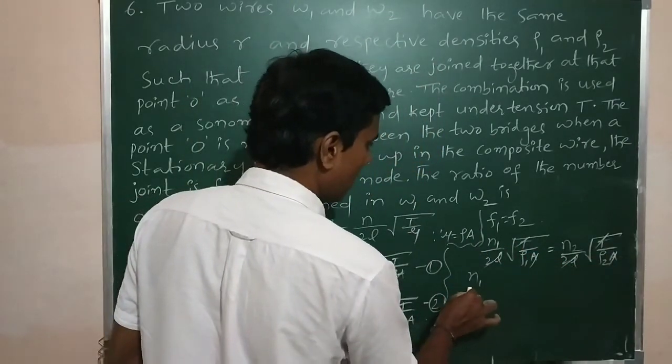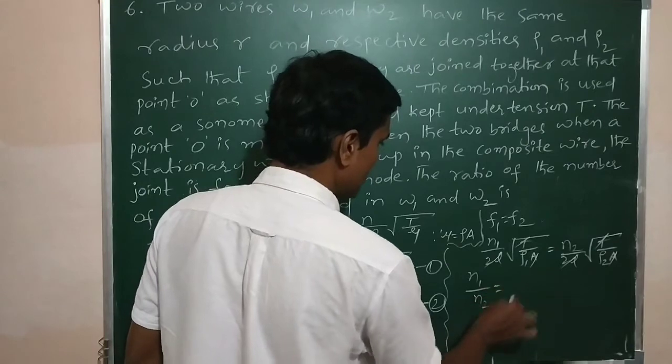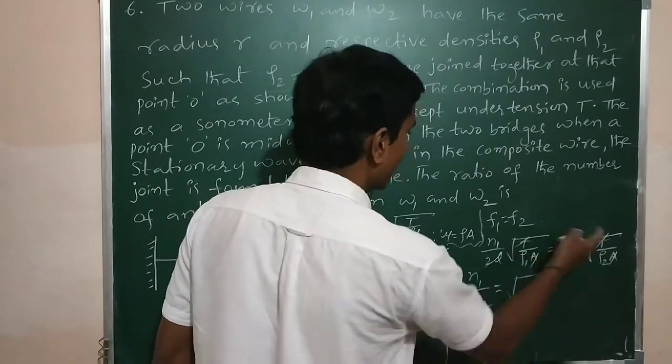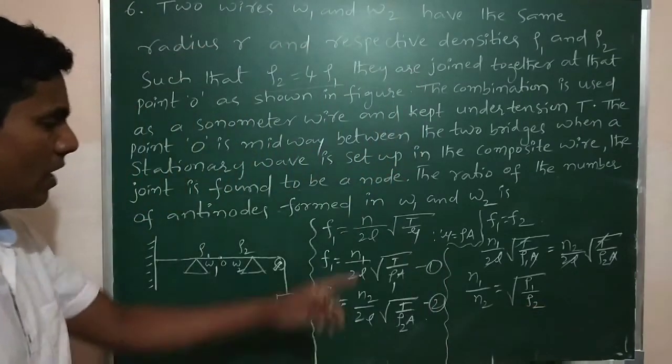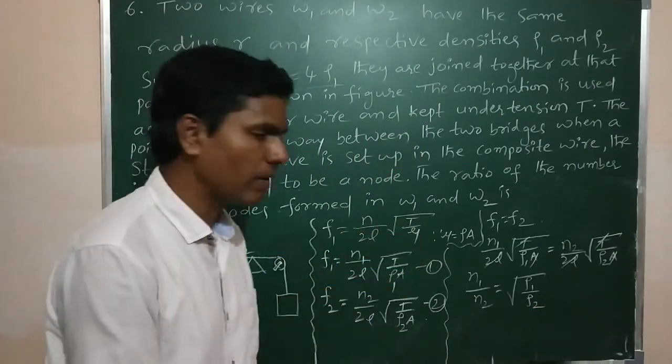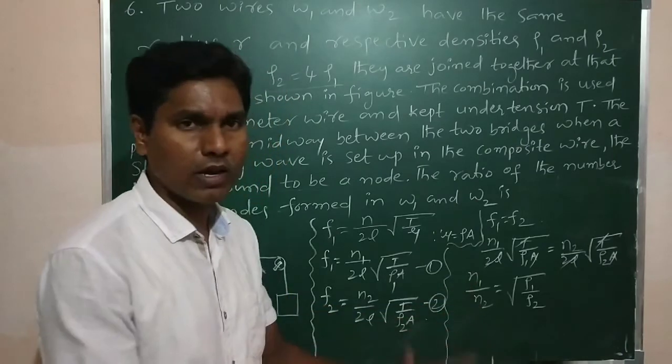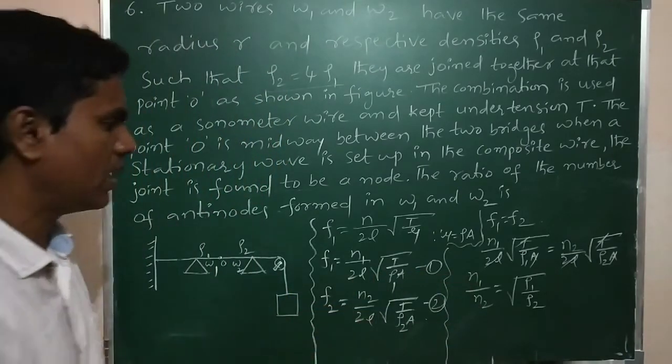The remaining N1 by N2 is equal to root of ρ1 by ρ2. N1 by N2 equals under root of ρ1 by ρ2. These N1, N2 are the number of modes or number of antinodes.